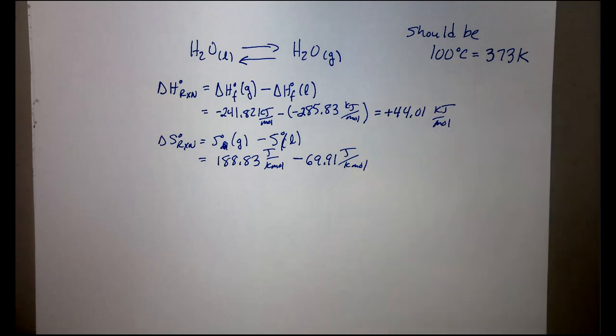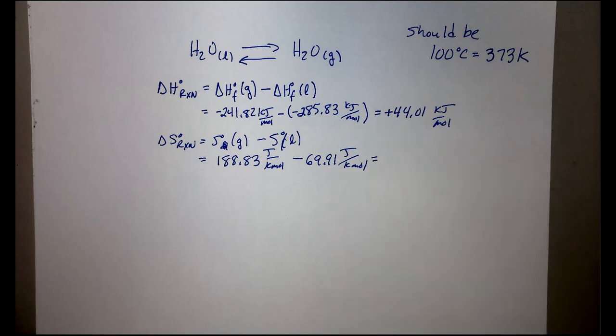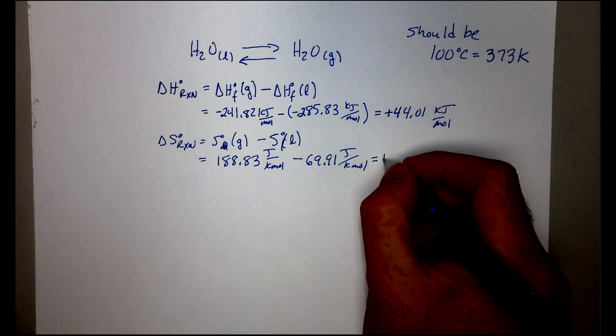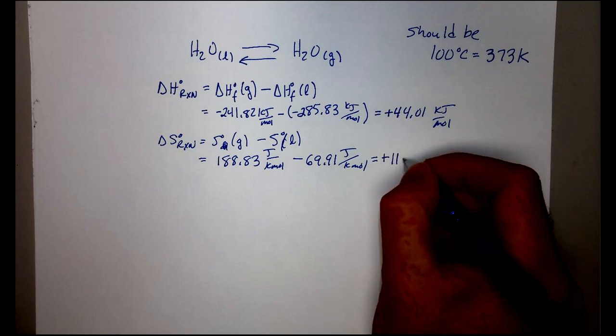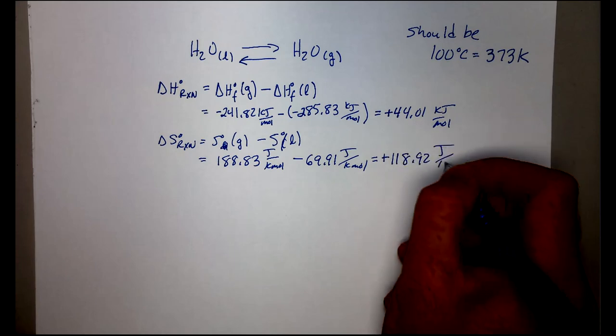And you'd expect boiling to be endothermic, but I should get an increase in the entropy. And so we get, again, positive 118.92 joules per Kelvin mole.